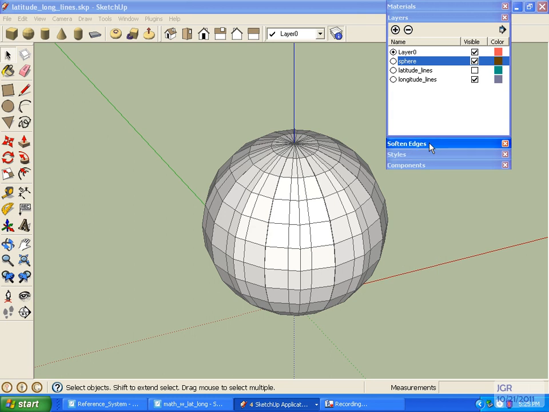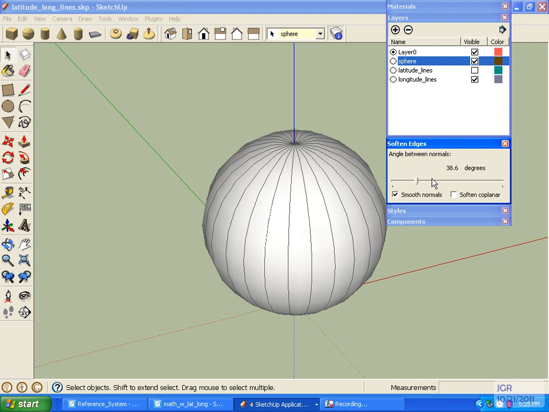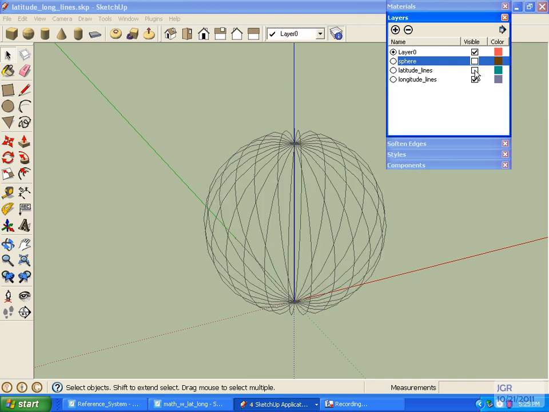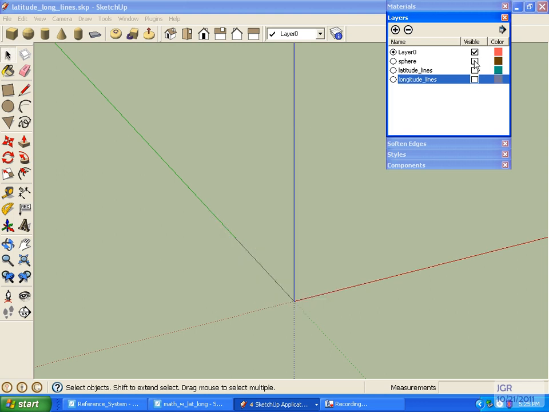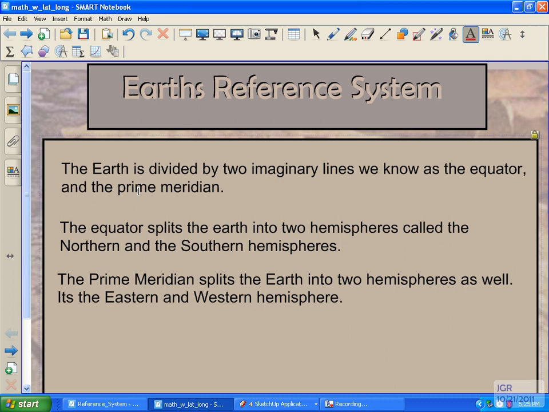Let me soften the edges here a bit so we can make it a little smoother, a little bit rounder. That looks better. So here we have the sphere, and within the sphere we have the latitude and longitude lines. So when we talk about reference system, we're really talking about latitude and longitude lines.